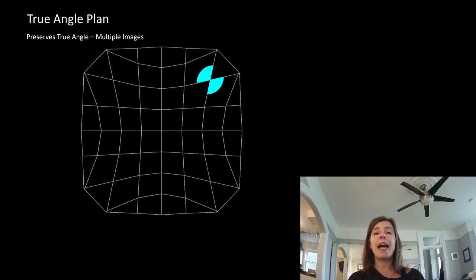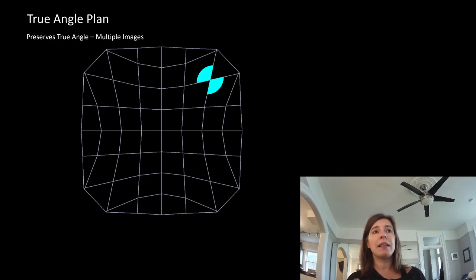This preserves angle, which, depending on what you are trying to get out of the set, maybe not as helpful with our jungle gym set, but there are projects where knowing how to represent something to show true angle could be very, very handy. So this is representing the jungle gym, showing the true angle. But not all of the angles.